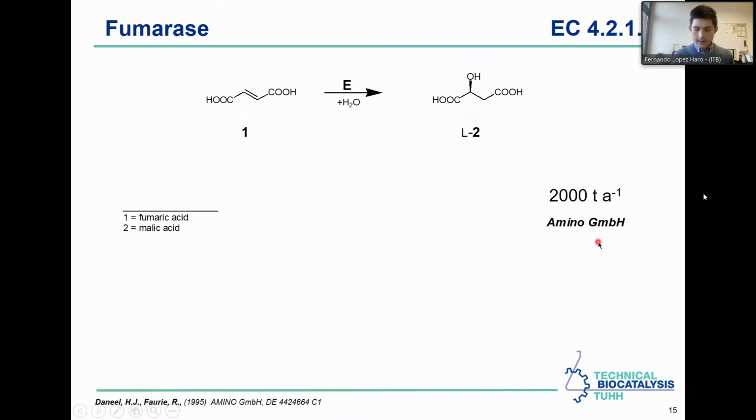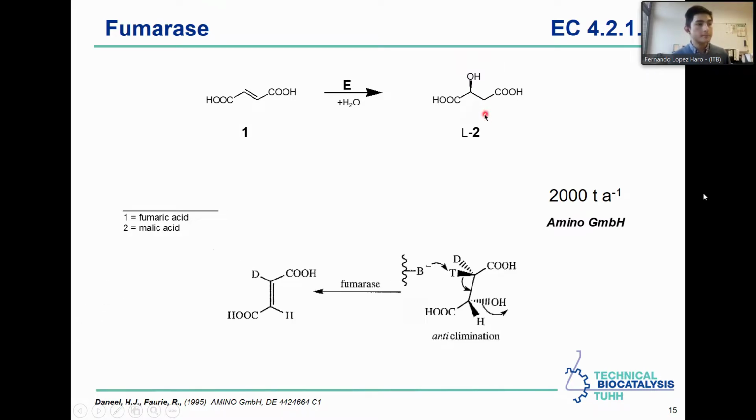This is a case where we use water as a nucleophile, attacking the double bond to create an alcohol residue. And you might ask, yes, we use the oxygen and the hydroxyl from the water, but where does the other proton go? That is the one that completes the remaining bond in the other carbon from the double bond.